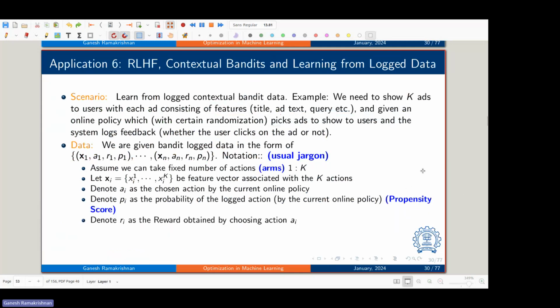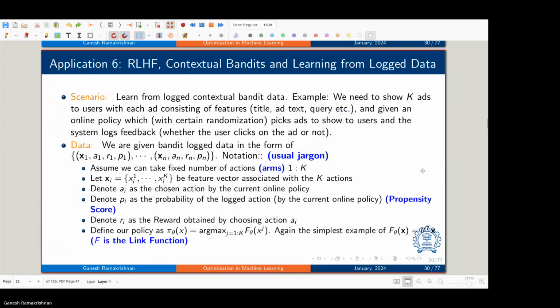You also have the reward. Reward Ri obtained by choosing action Ai. And then you need a function f as well. What I showed earlier was the reward function. And we'll define our policy pi theta as argmax over j equals 1 to k of f theta of x j. Now you should be able to complete.